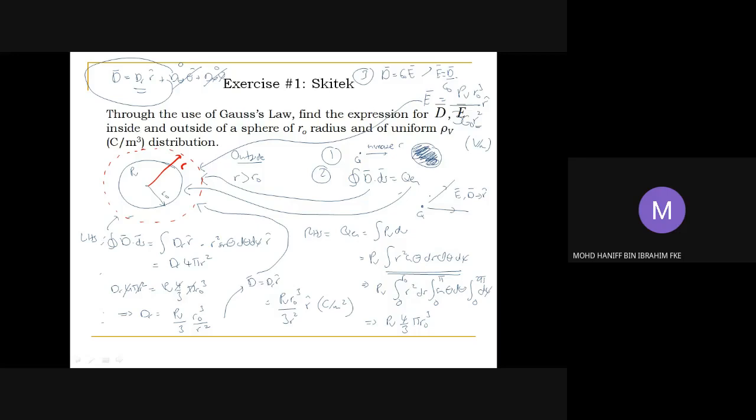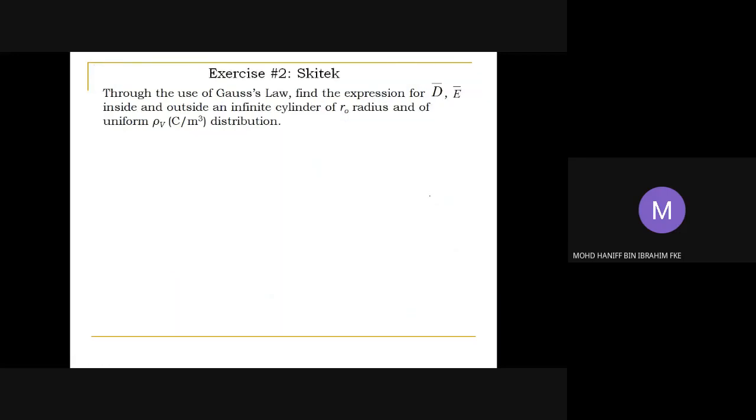Okay then? Let us proceed to the second example here, which is the case of a cylindrical structure.